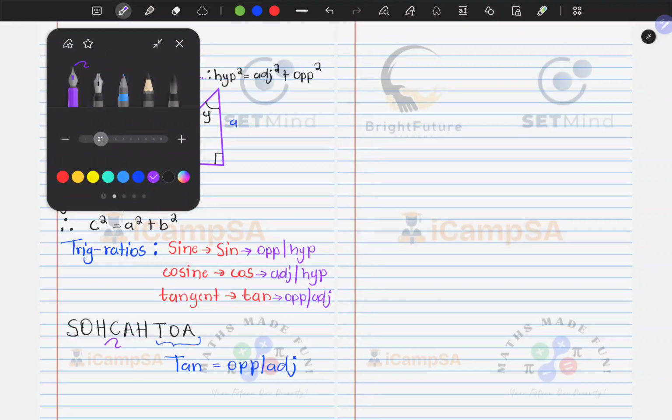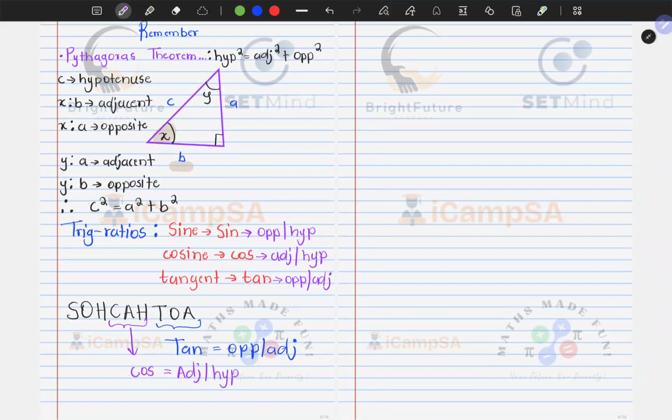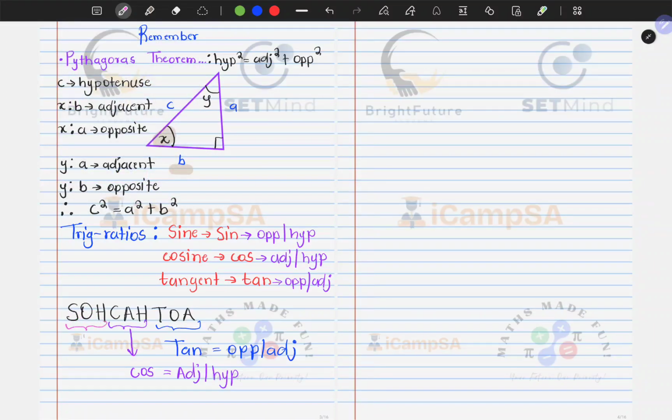The CAH component speaks to cos. Cos is simply equal to our adjacent over our hypotenuse. And then the last part speaks to our sine. So this means that our sine is simply our opposite over our hypotenuse.